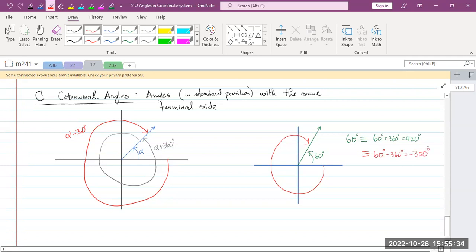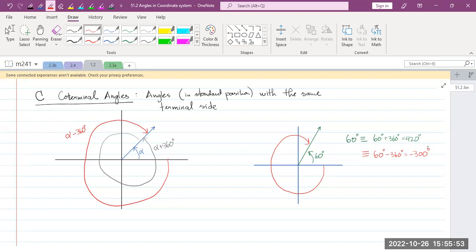So these three angles here are coterminal. From here you see that we have infinitely many coterminal angles with the same terminal sides.